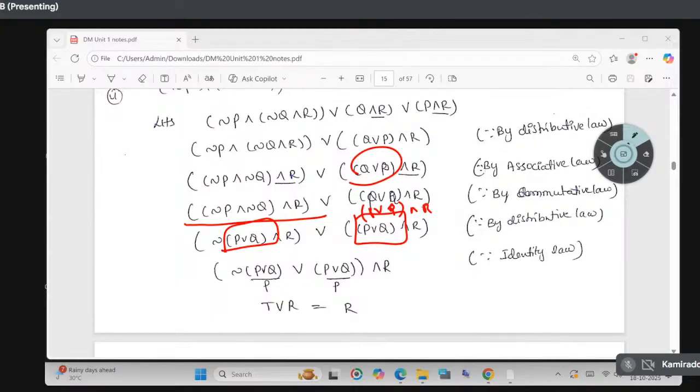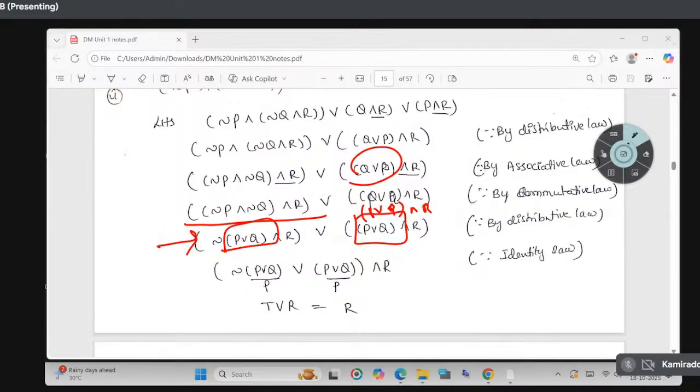If you check again, here we have negation of P R Q, and this side I have P R Q. So if I do this particular thing, that is negation P R Q or P R Q, what am I going to get?